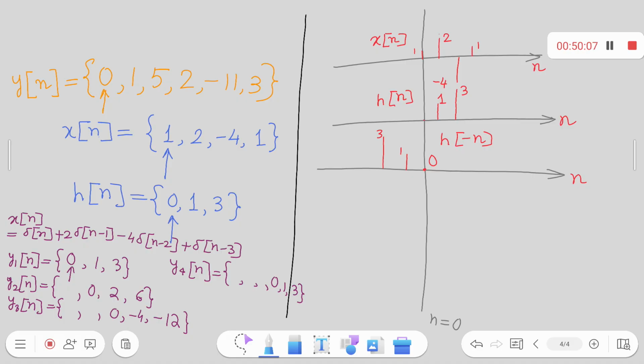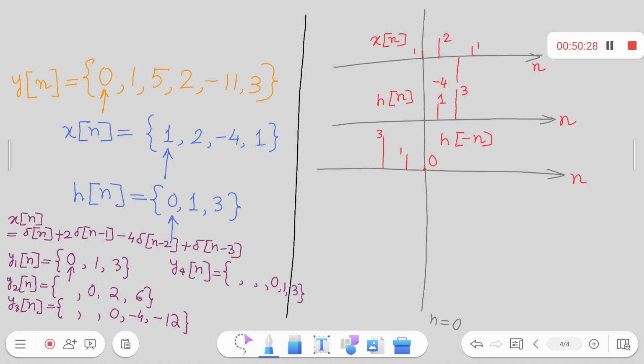Y of n is how much? X of k, h of n minus k going from minus to plus n. Right. X of k. So there we have used the k as that particular shift element over there. X of k delta n minus k.